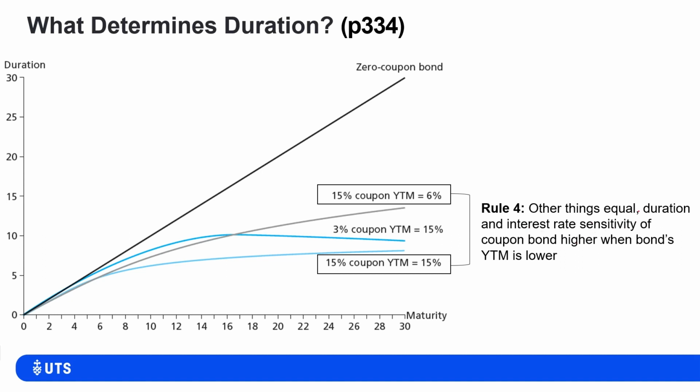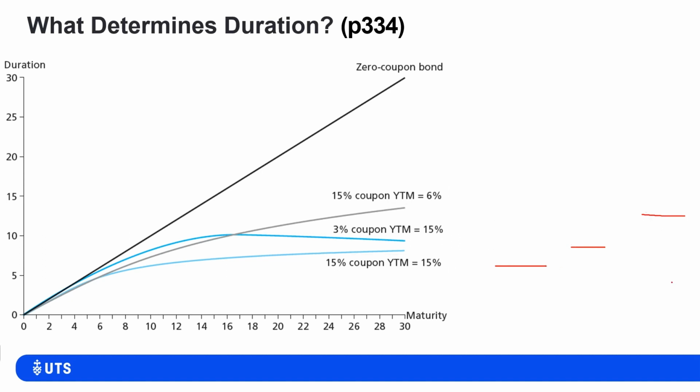And rule number 5 states the duration of a perpetuity. We can easily obtain 1 plus yield divided by yield as the duration by resorting to the second calculation formula we showed for Macaulay's duration.